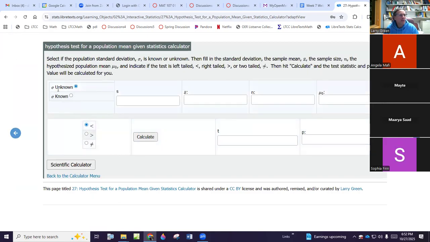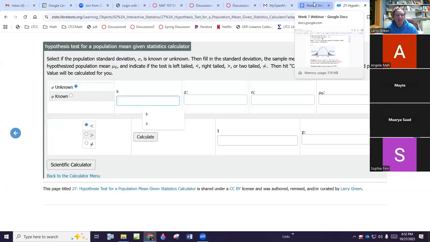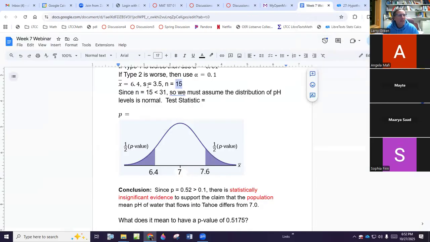Sigma will almost always be unknown, but some other professor from a different college asked me to give you choices, but you almost never know the population standard deviation. So usually you leave that. S, that was the standard deviation of the sample, and that was 3.5.